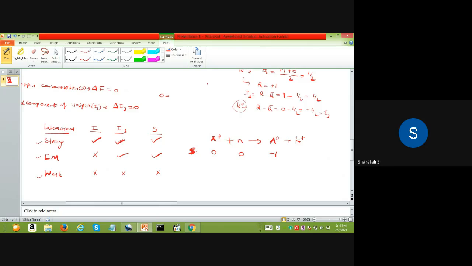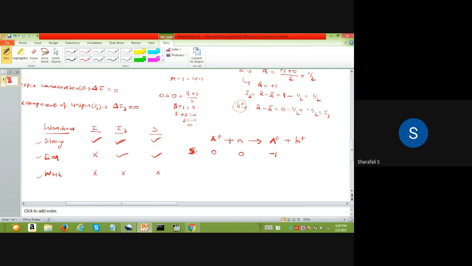So 1 minus 1 becomes 0, so I is 0, and I3 is also 0. Then Q equals I3 plus B plus S by 2, so this becomes 0. So B plus S equals 0. This is a baryon, so B is 1, and 1 plus S equals 0. So S will be -1. Okay, so strangeness is -1.